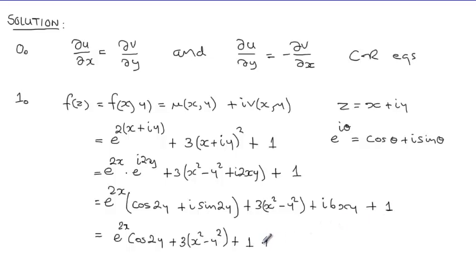Then plus the imaginary unit times e to the power 2x sine 2y plus 6xy. And so at this stage we have our u here and our v there.